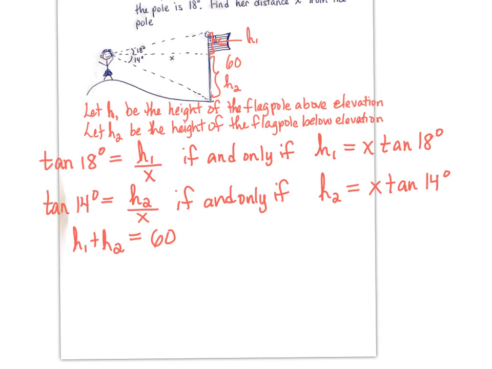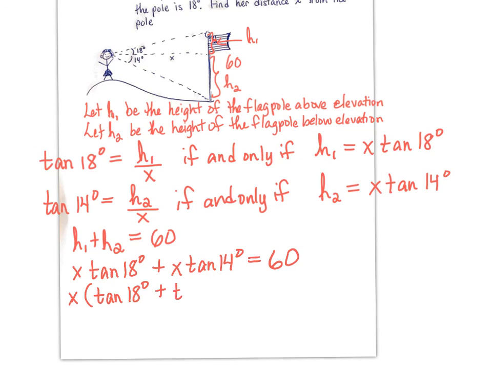We know H1 and we know H2. Substitute them in. So you have X tangent of 18 degrees plus X tangent of 14 degrees is equal to 60. They both have X in common. Factor it out. And you're left with the quantity tangent of 18 degrees plus tangent of 14 degrees, and that equals 60. Then divide both sides by that quantity in parentheses.